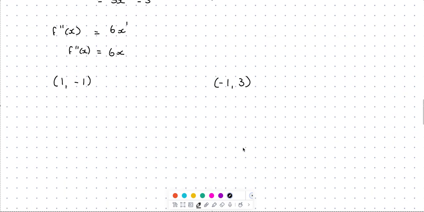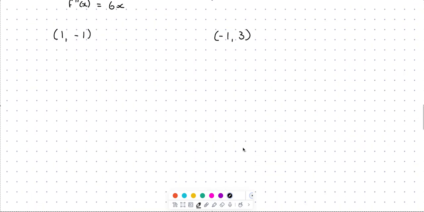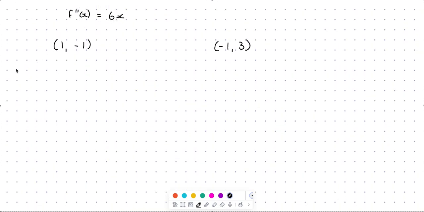To do that, I'm going to take the second derivative we just found and fill in the x coordinate, which here is 1. The second derivative is 6x, so I'm going to have 6 by 1. 6 multiplied by 1 is 6.